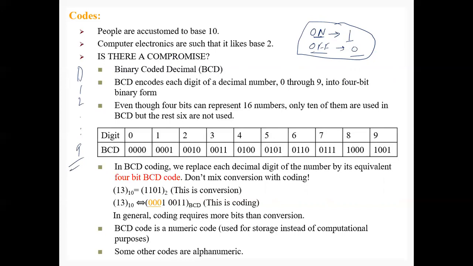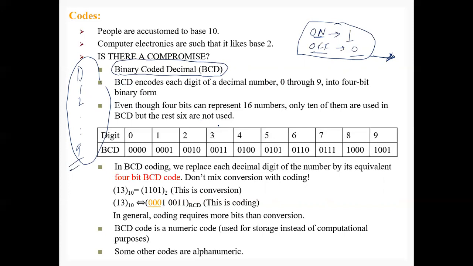And the thing is, we have a debate now. The computer doesn't understand this, and it's very difficult for us to convert everything to this kind of thing. So we are trying to find a compromise between these two, and for that compromise, it's the binary coded decimal system.